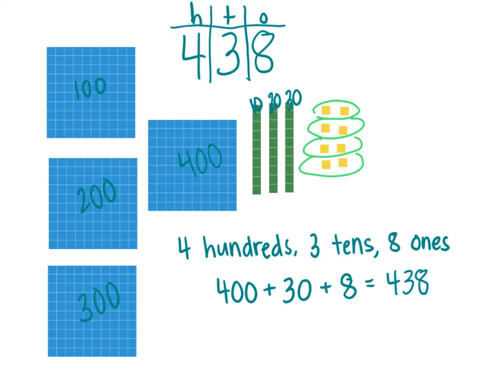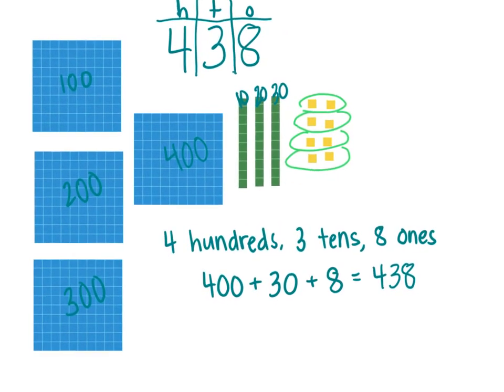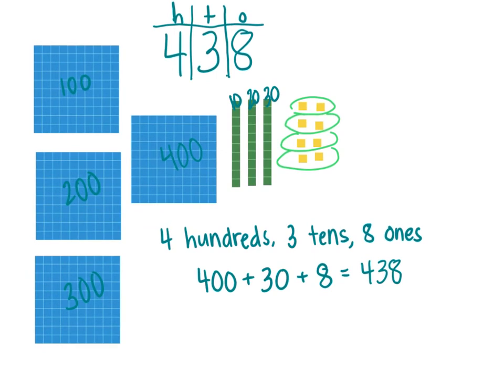Okay, this is a more tricky one, but let's try to write this in word form. Take a moment to think about how you would do that. Pause the video if needed. Okay, so you start with your hundreds. We start with our hundreds place.